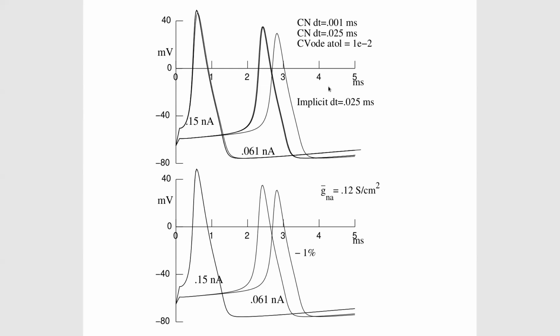So we can see that the integration method can be important for things that are close to spike threshold. For anything that has trajectories that come close to a separatrix.